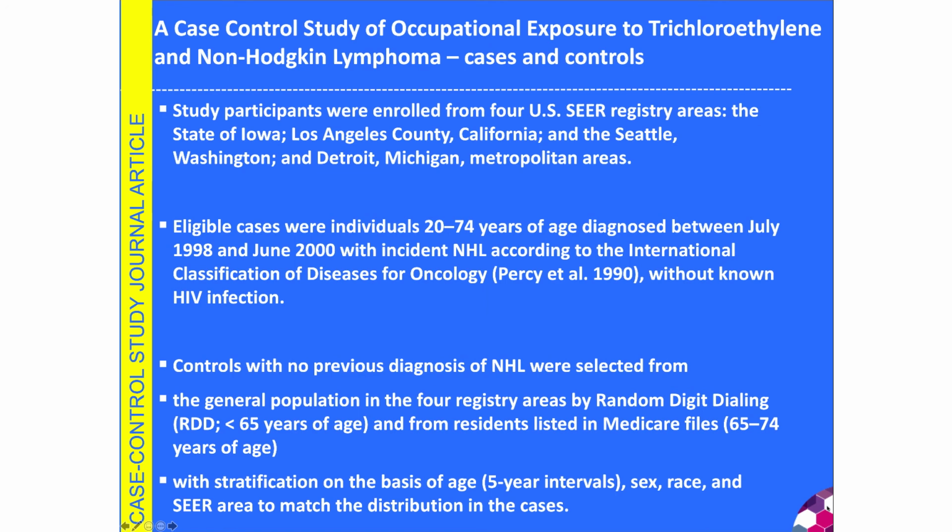The controls had no previous diagnosis of non-Hodgkin's lymphoma, and they were taken from a general population in the 4 registry areas by random digit dialing of people listed in Medicare files in those 4 areas, which were Iowa, Los Angeles, Seattle, and Detroit. They were stratified or matched on the basis of age, sex, race, and the SEER area that the participants came from.